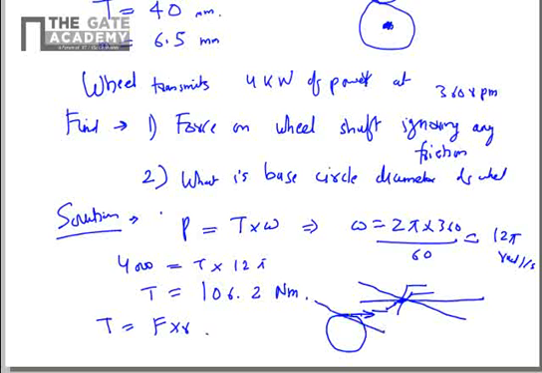You don't need the force along the pressure line. And this is R, the pitch circle radius of the wheel, and the force along the common tangent we calculate from this formula: F along tangent will be torque divided by R. R is capital R in the case of the wheel.